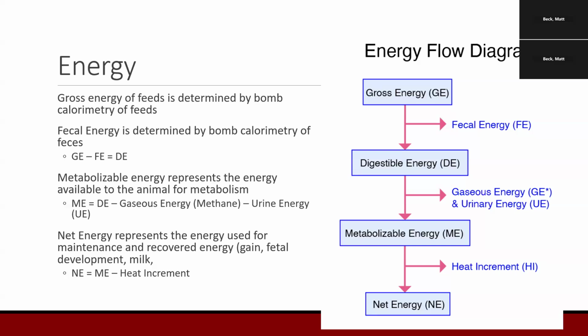We've got it in some slides down here. Of that DE, of that energy that was digested, some will be lost as methane energy, gaseous energy losses. So would we expect that gaseous energy loss would be higher or lower in a stalker animal versus a finisher animal?